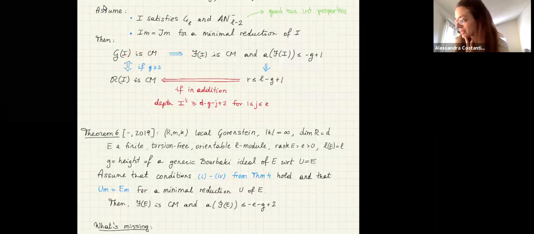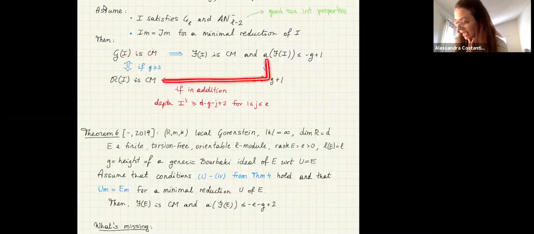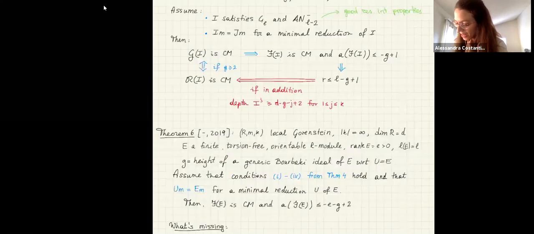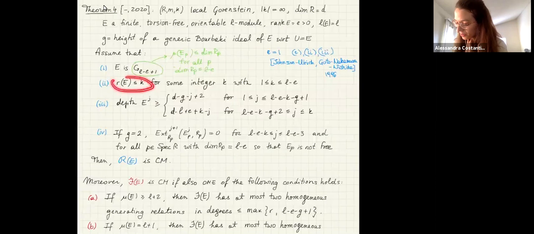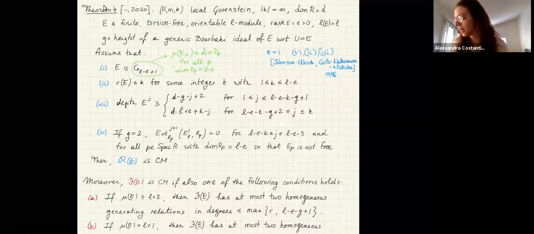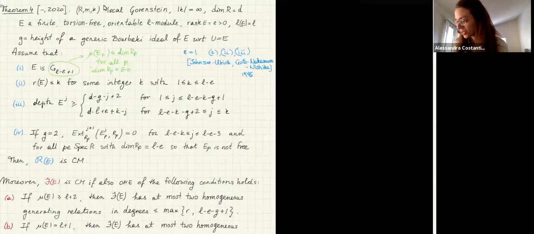Now the problem is that there is no way I can get this other part, which I really would like to have. In this case, notice that this bound here on the reduction number is actually something that I'm assuming. This condition here is basically a rephrasing of that condition on the reduction number.